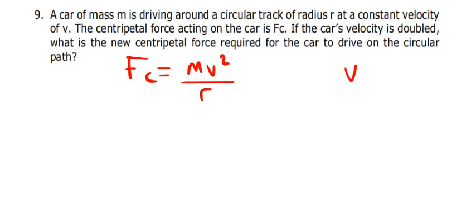The velocity initially is v, but now if you double it, it means we multiply it by 2. So in our equation, wherever there is v, we're going to put 2 multiplied by v. So I'm going to have m.